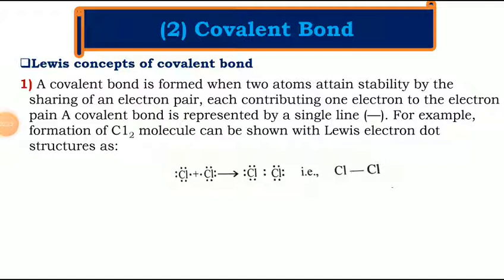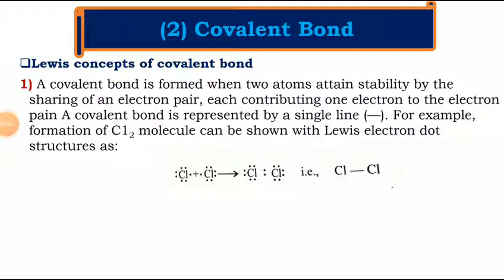For example, the formation of a chlorine molecule can be shown with the Lewis electron dot structure. See the electron dot structure of Cl2 molecule formation. This covalent bond will be denoted by a single line, Cl dash Cl.